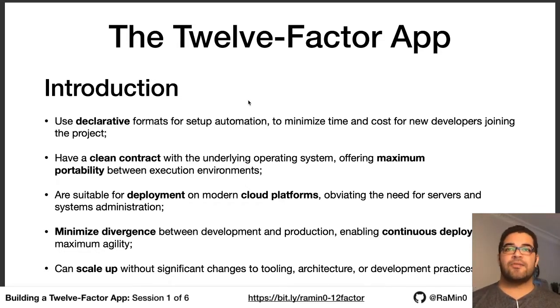It also allows the app to have some sort of a contract that enables it to easily integrate in its surroundings, those surroundings being the operating system it's running on, or the deployment or production environment it's being deployed to, so that the app becomes more portable. You can just throw it anywhere and it would work as expected.